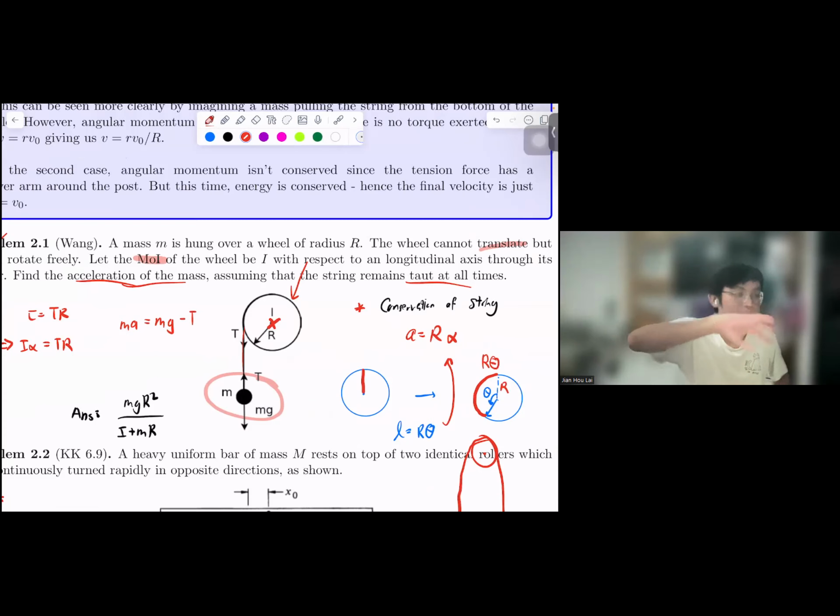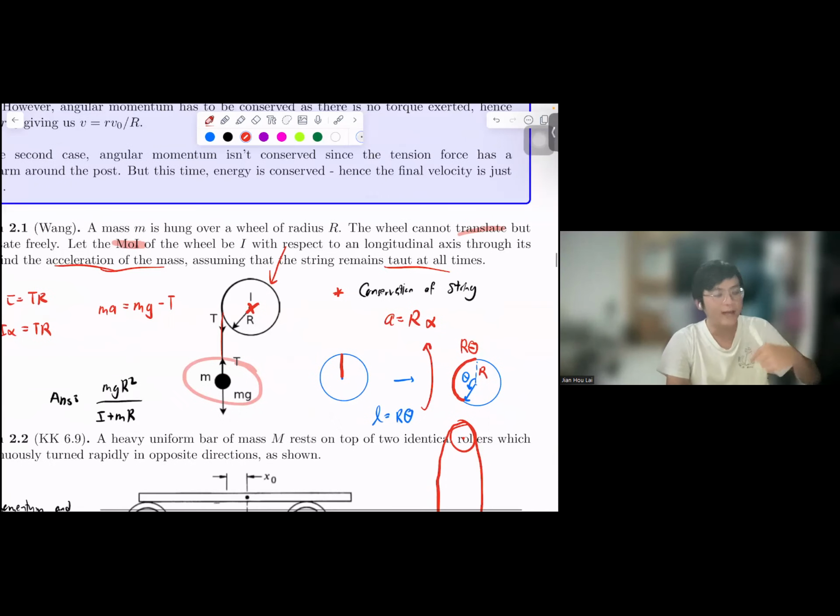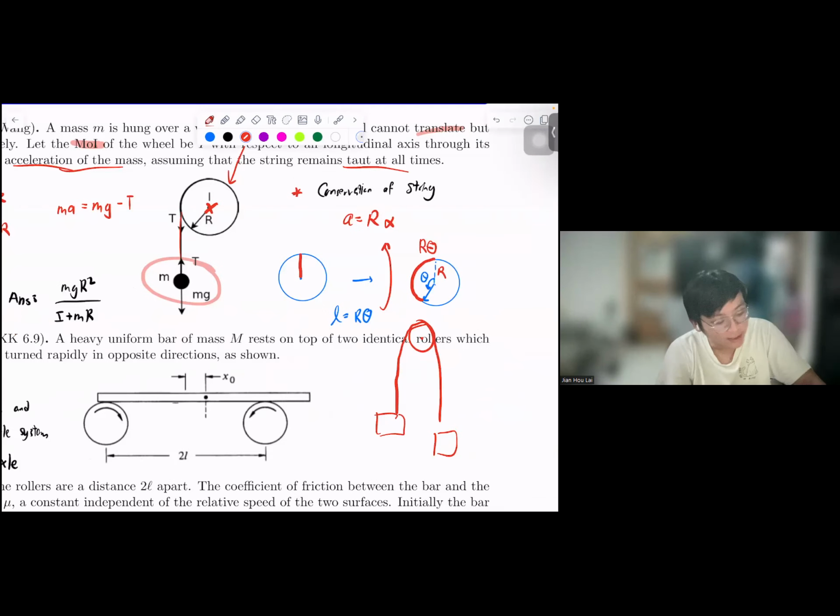Okay. After some moment, if you release the mass m, keep in mind the change of the length: let's say the mass travels a distance L, starting from here, the mass will travel a distance L to here.